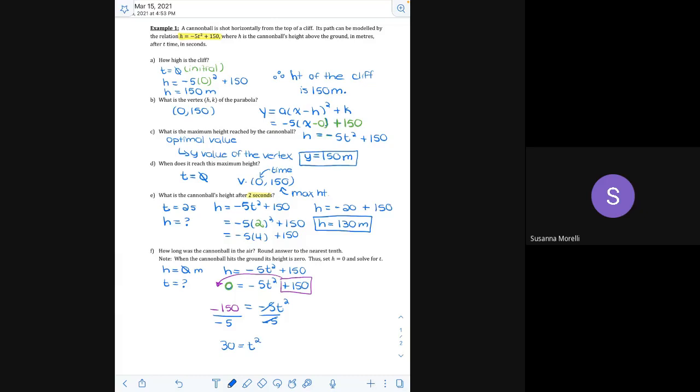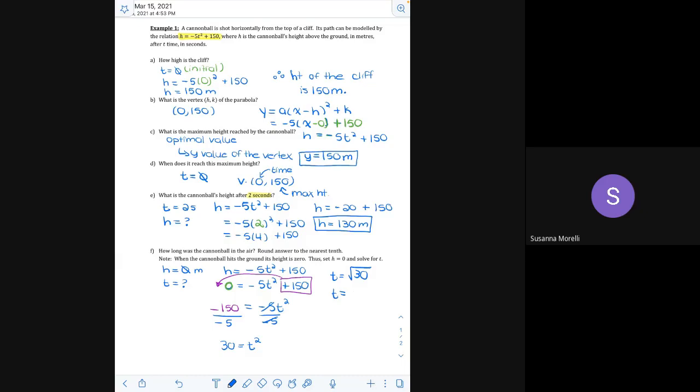t squared equals 30. And now we got to take the square root of 30 to get t. And remember, we're going to get a decimal answer because 30 is not a perfect square. So make sure you have your calculator or use a decimal. And the square root of 30 is 5.47.